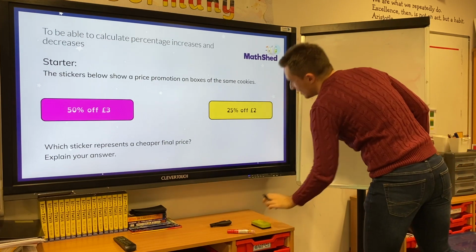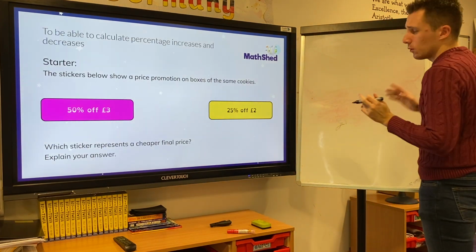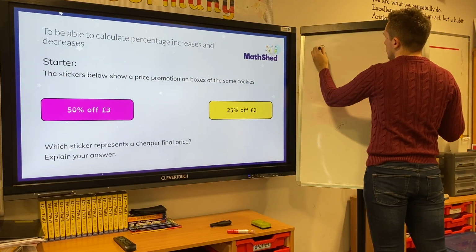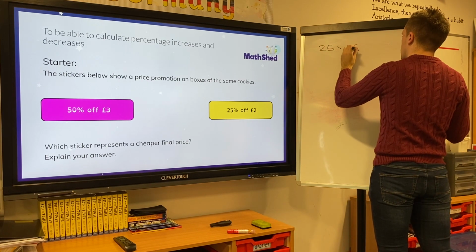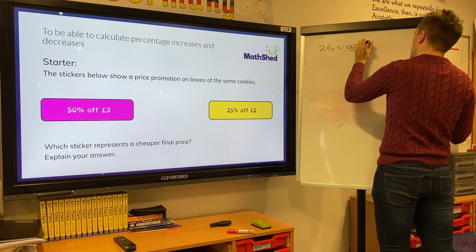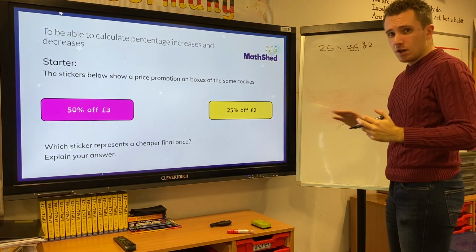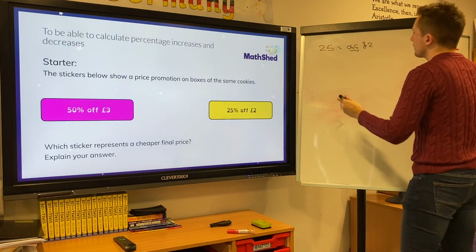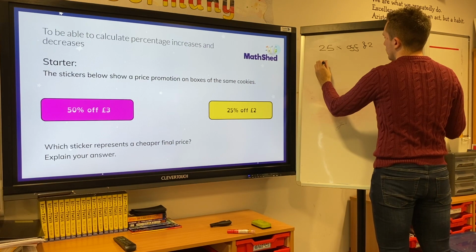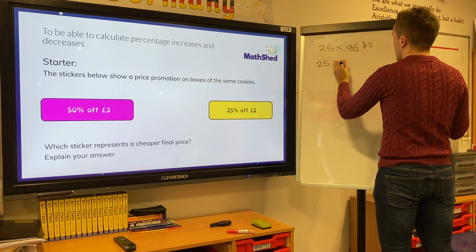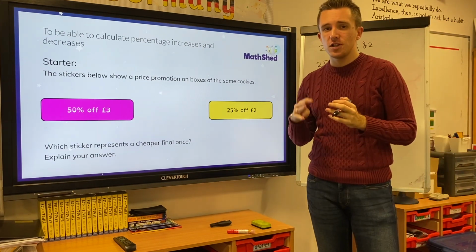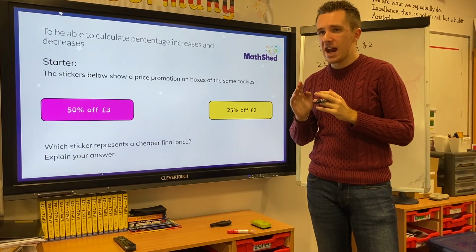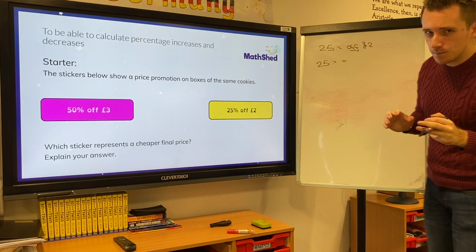Next one, 25% off £2. Step 1, find the percentage. Well, 25% of £2, we would find that by dividing by 4. £2 divided by 4.